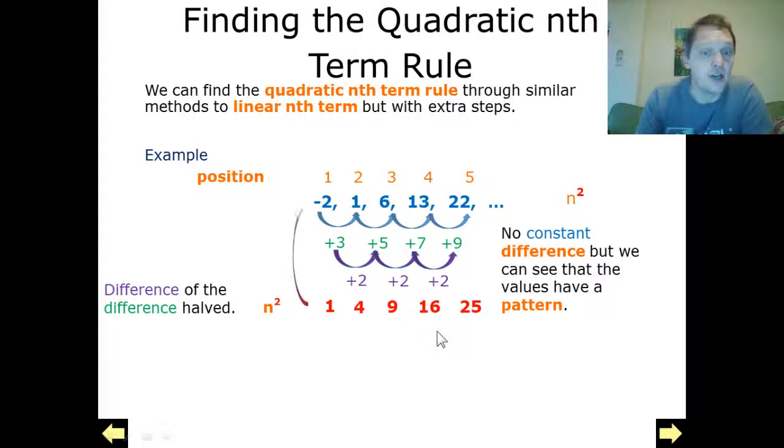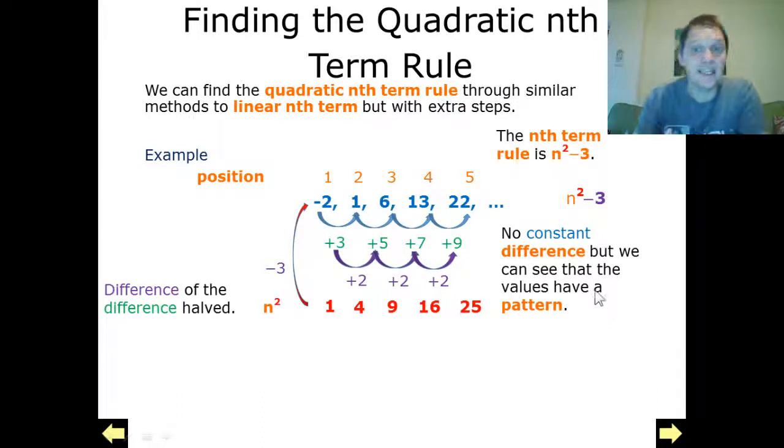I look at how I get from my newly created sequence to my original sequence. Each time it's constant, and it is -3. So I add this to the end, so it's n squared minus 3.